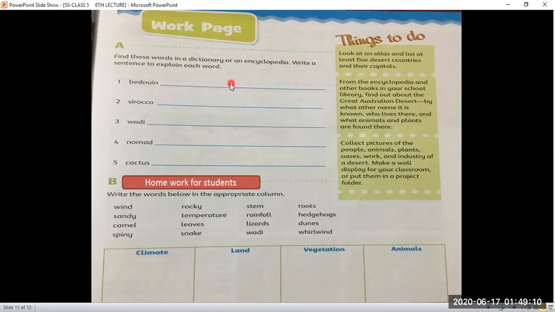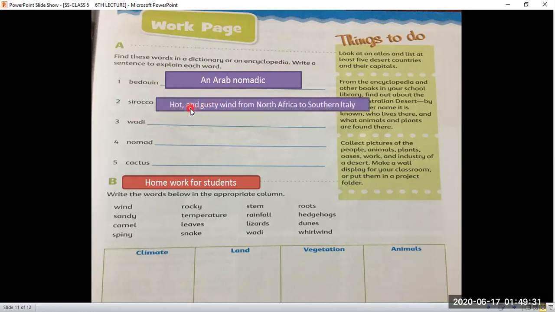Its answer is an Arab nomadic. The people who are living in the desert area in Arabia are called Arab or Badu, an Arab nomadic. Sirocco, so what is the meaning of this? Sirocco means a hot and gusty wind from North Africa to southern Italy.